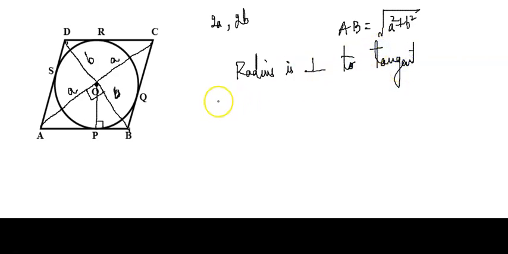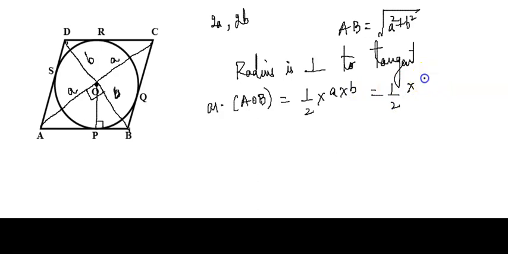So we can say that the area of triangle AOB will be equal to half into a into b, as well as equal to half into AB into small r, because this OP will be small r, which is required to calculate. Small r is the inradius here.